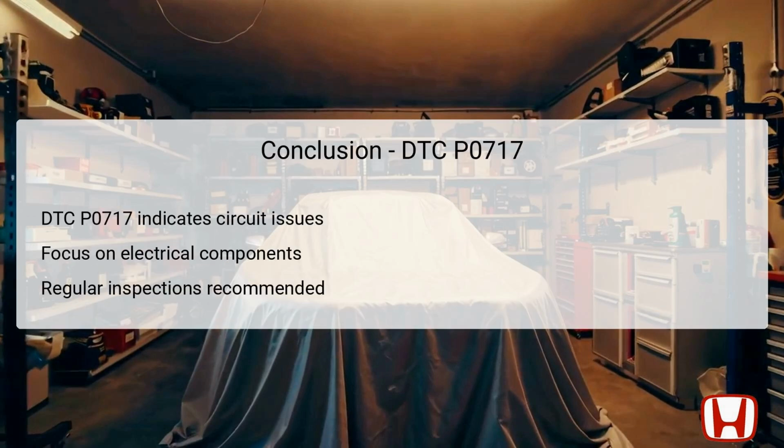In summary, DTC P0717 points to an electrical circuit issue associated with the input shaft speed sensor A of the CVT. Understanding the role of the sensor and its connections is fundamental in resolving the fault effectively. Symptoms may include transmission slipping and a check engine light, guiding technicians in pinpointing the problem.